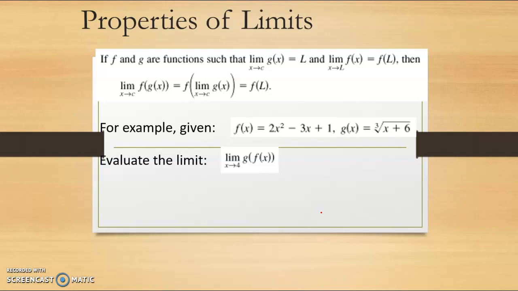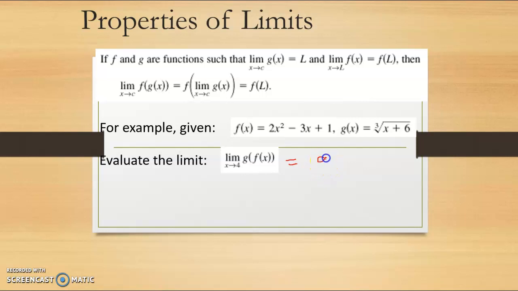Next, if you have a composition of two functions like f of g of x or g of f of x, still we can apply the direct substitution and get the solution for that. For example, if it is like this, the first step, we can take the limit inside of the function f of x and get the solution of that, and then apply and get the solution for that.